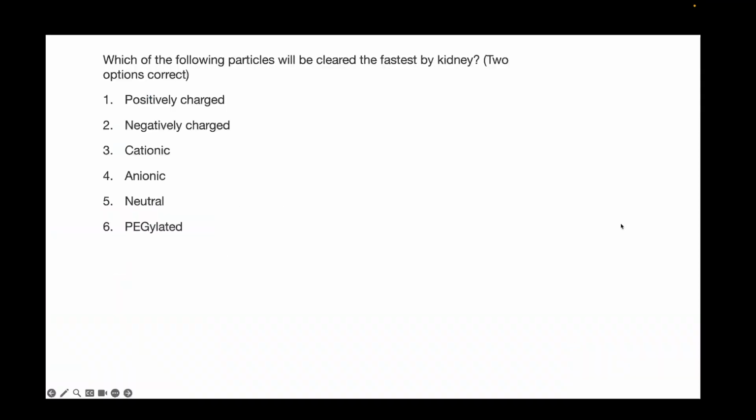Okay, so this is the first question. Which of the following particles will be cleared the fastest by kidney? You have to select two correct answers here.